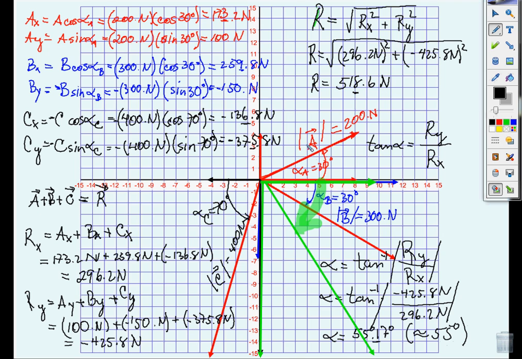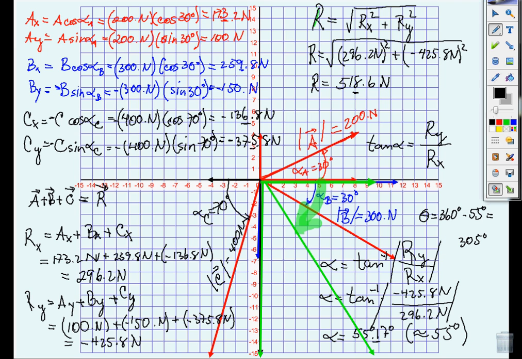Now what you're going to do to get the vector angle, here you have 90, 180, 270, 360. But to this 360, you're going to subtract 55. So to get the vector angle, you're going to subtract 360 degrees minus 55 degrees. That is going to be equal to 305 degrees.